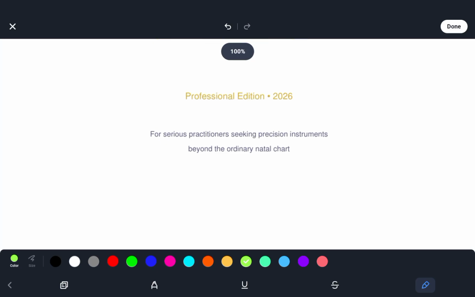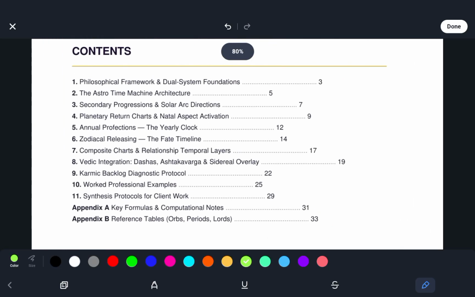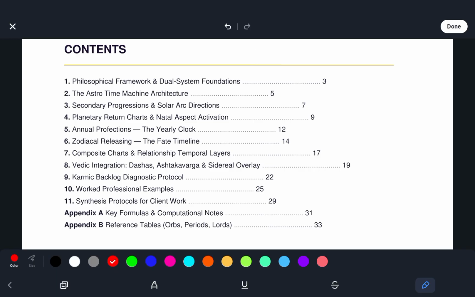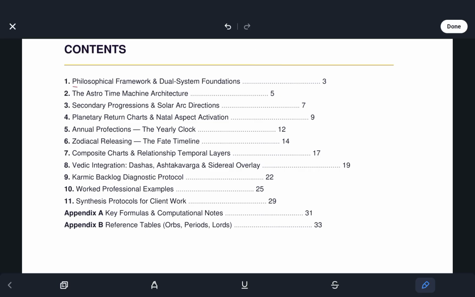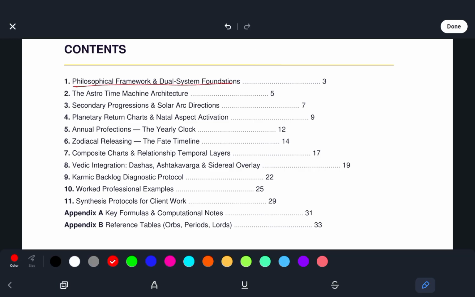This is for serious practitioners seeking precision instruments beyond the ordinary needle chart. So here we see the contents that we're going to go over in this video. First is the philosophical framework and dual system foundations.